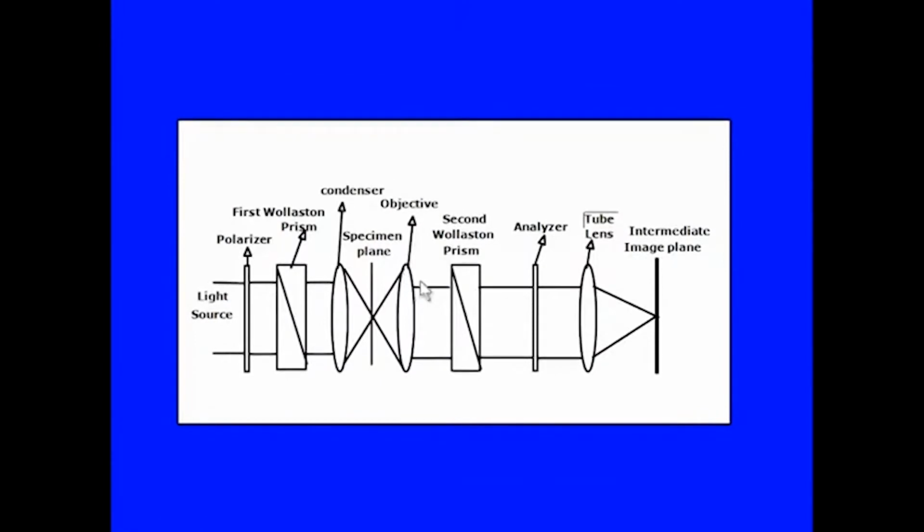The objective focuses them onto the second Wollaston prism, which combines these adjacent rays into one plane polarized light, which is at 135 degree and is elliptically polarized, and is allowed to pass through the analyzer, and the image is formed at the intermediate image plane. The direct light, which is perpendicular to the axis of the analyzer, will not be allowed to pass, and it will form the background; this phenomenon is also known as extinction.